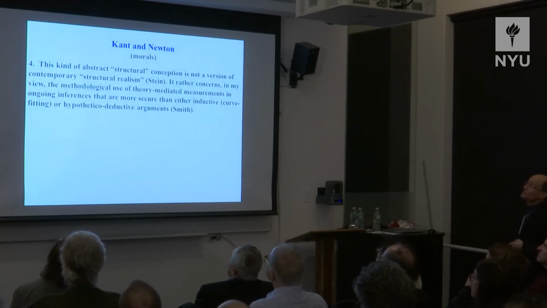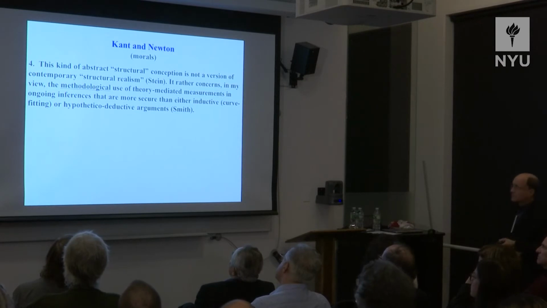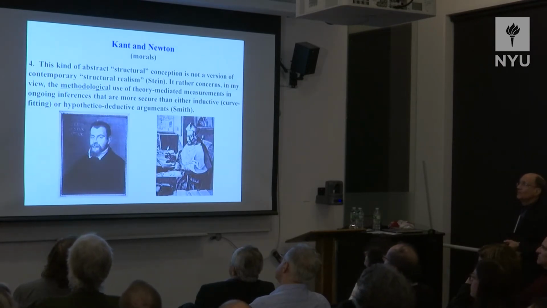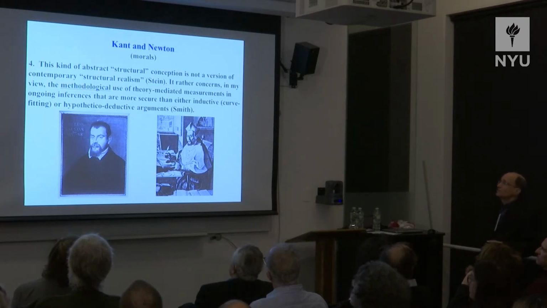It rather concerns, in my view, the methodological use of theory-mediated measurements in ongoing inferences that are more secure than either inductive curve-fitting or hypothetico-deductive arguments. This is the George Smith idea. And again, the idea of the greater security is that Newton can settle as an empirical matter within physics, by measuring the way he does quantities of matter in the solar system.